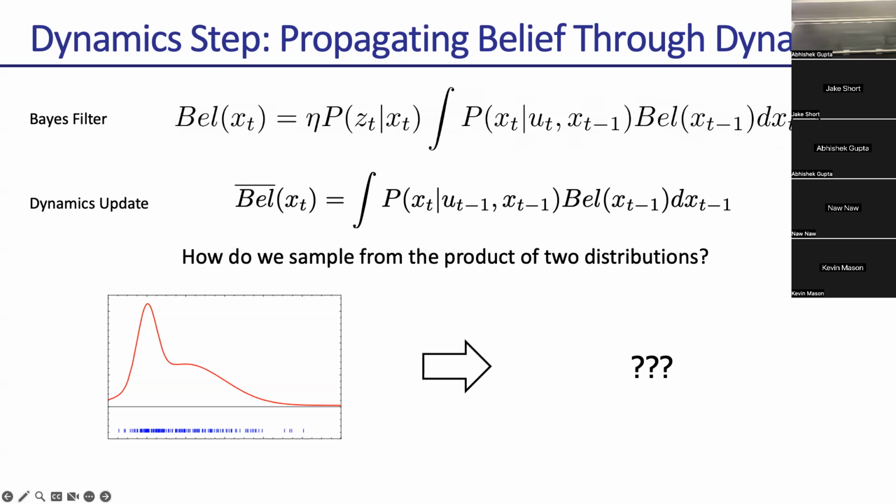You just need a black box function that takes in x_{t-1} and u_t and generates x_t. So you can probably guess the answer. You have a previous set of particles. You have a black box function that can take in a state and an action and give you a new state according to the dynamics model. How do you get the new set of particles? Not a trick question.